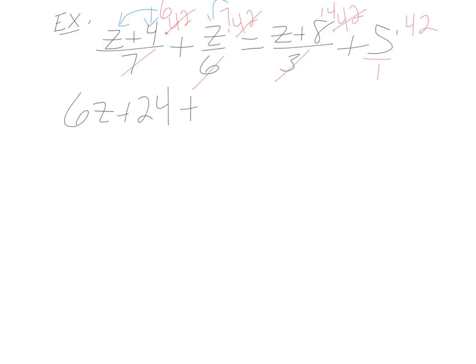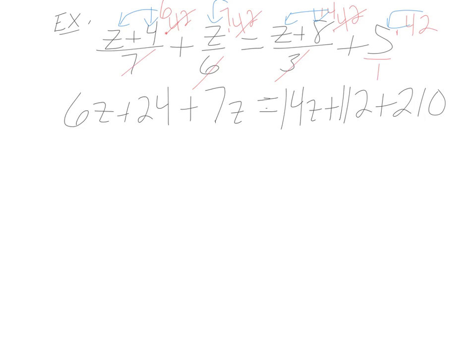Then the 7 times z is just 7z equals, and then we'll take the 14 times both the z and the 8. That is 14z plus 112. And then at the end, 42 times 5 is 210.